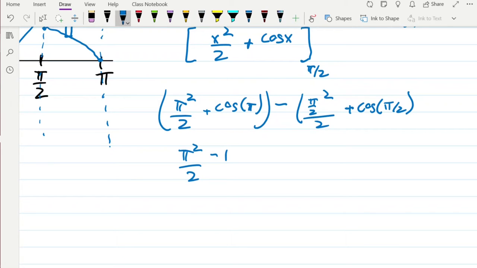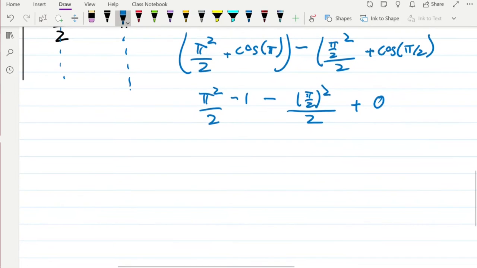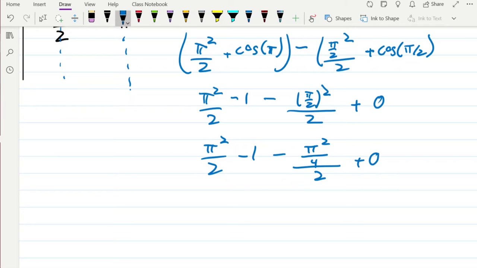And then we will distribute this minus. So we're going to have minus pi over 2 squared over 2 plus, and then cosine of pi over 2 is 0. So pi squared over 2 minus 1 minus pi squared over 4, all of that over 2 plus 0, pi squared over 2 minus 1 minus pi squared over 8.